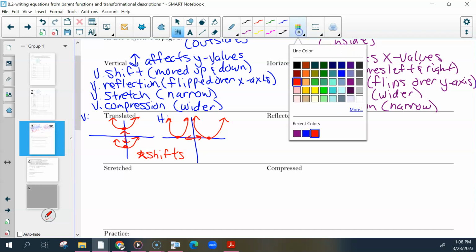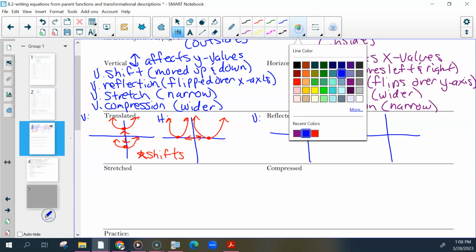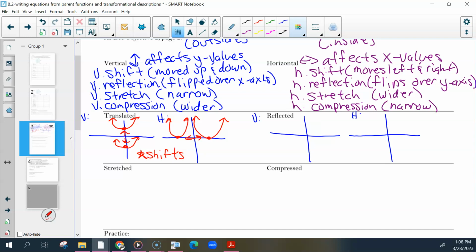Go ahead and make 2 new sets of axes for reflected if you haven't already. Label 1V and 1H. For our vertical reflection, it's flipped over the x-axis. So if it was facing up, now it's facing down.